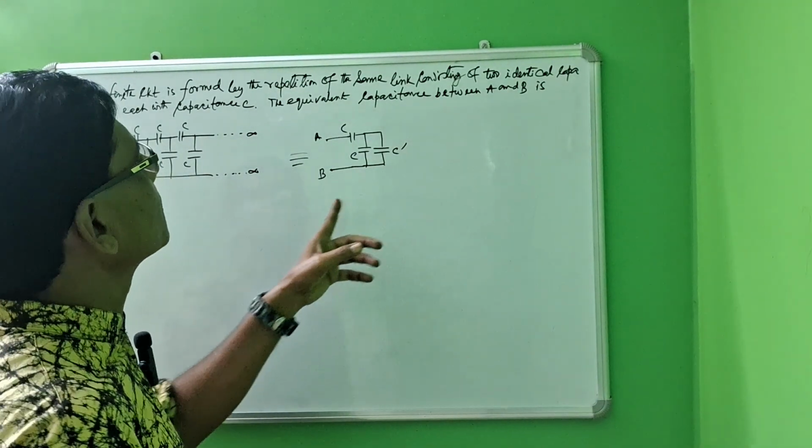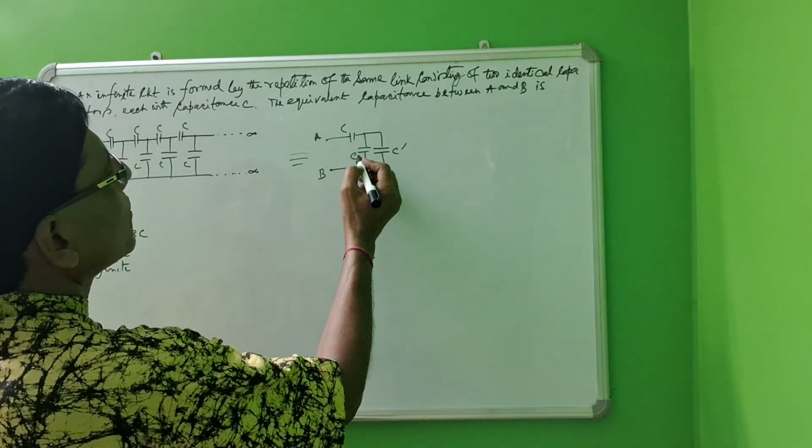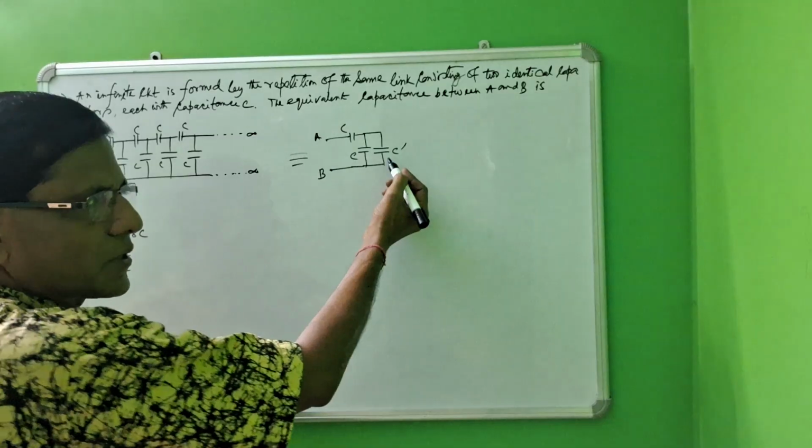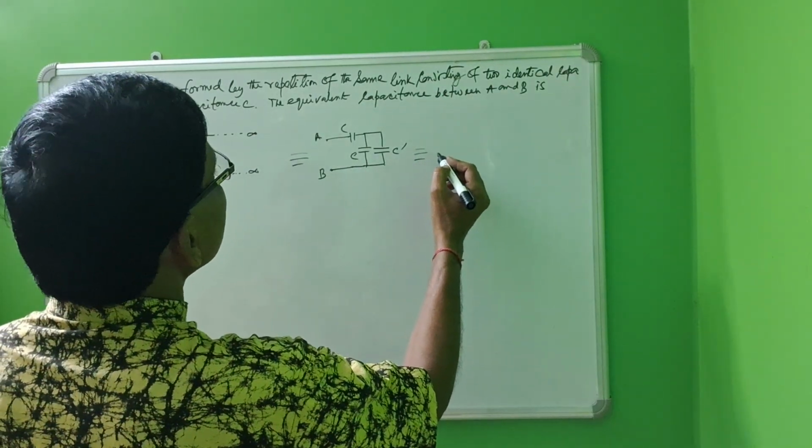From this idea, we can write as, because this one is in series connection and this one is in parallel connection. So equivalent again can be given as.